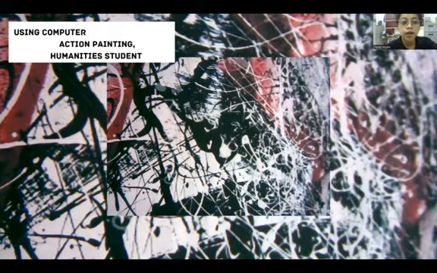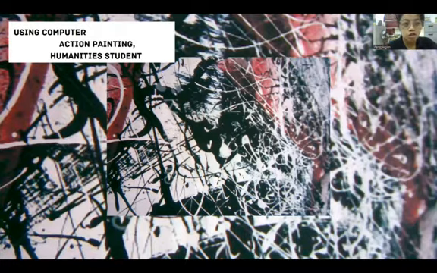So habang tumatagal, we know naman na nagkakaroon ng upgrade or nagkakaroon ng mga bagong technology or mga ginagamit natin. So in this generation, especially ngayon, using computer action painting, humanities students. So sa pagpipinta, hindi lang siya canvas.